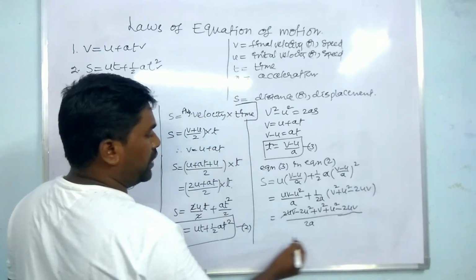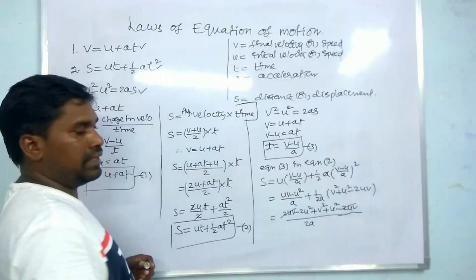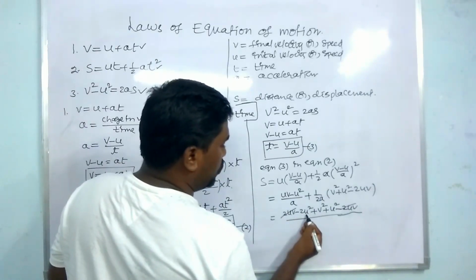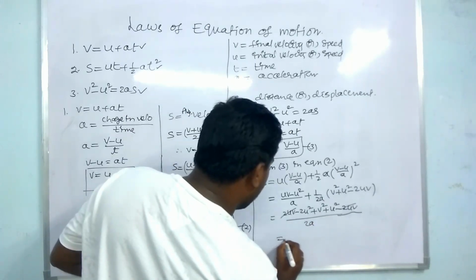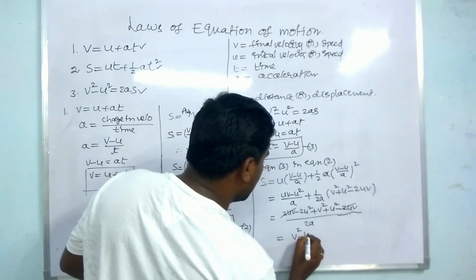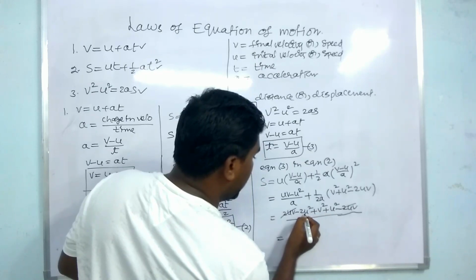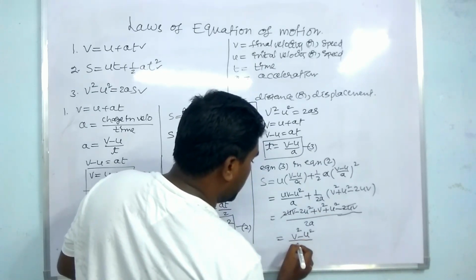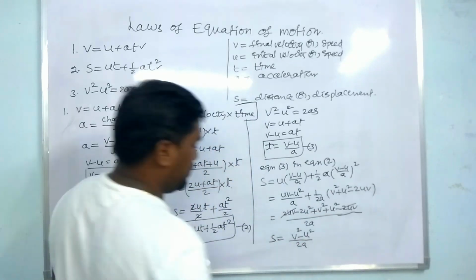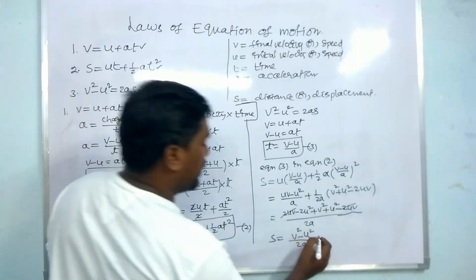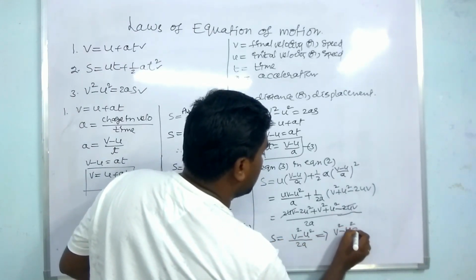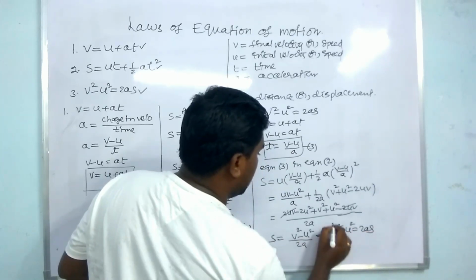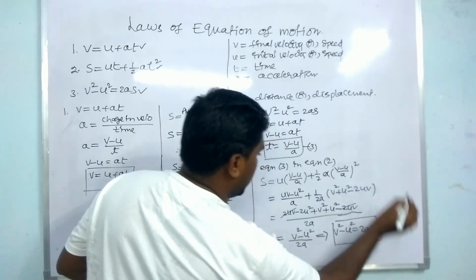Plus 2uv minus 2uv gets cancelled, and minus 2u square plus u square, there is minus u square. You can write v square minus u square. There is remaining v square minus u square by 2a into s. Then you can write v square minus u square is equal to 2as. So this is the third equation we can get.